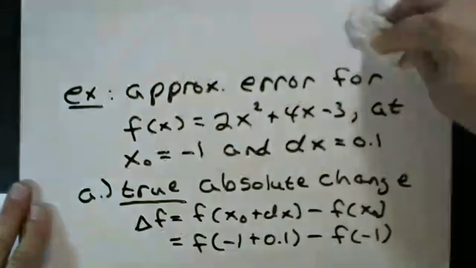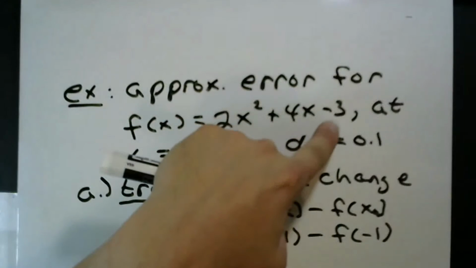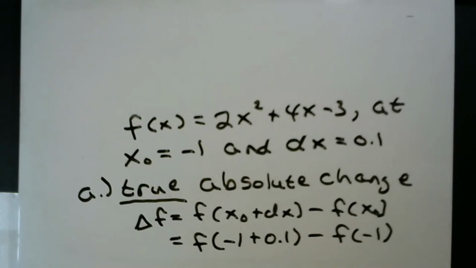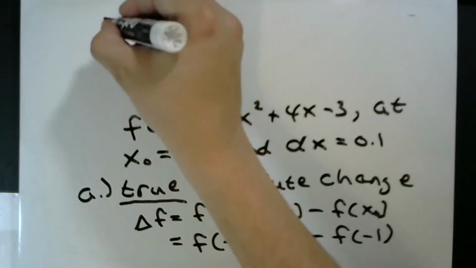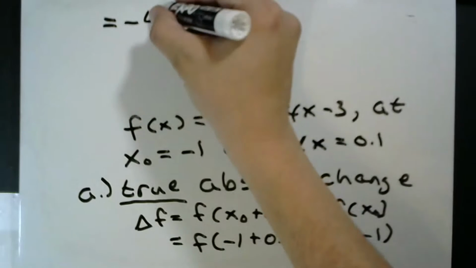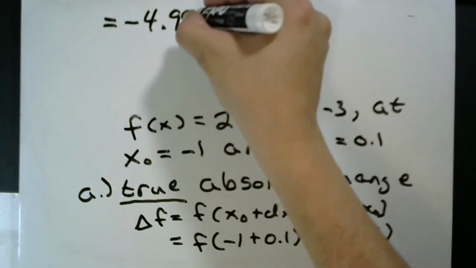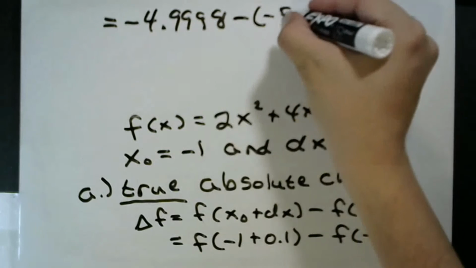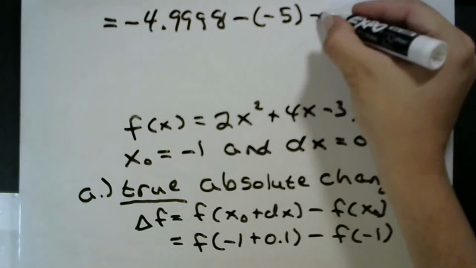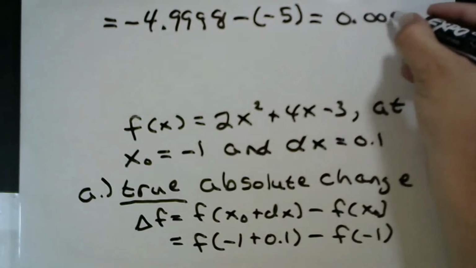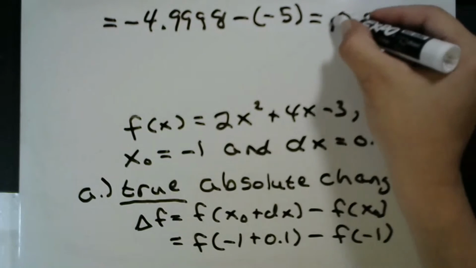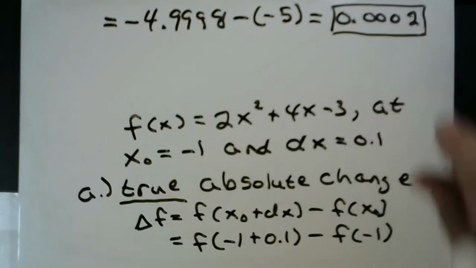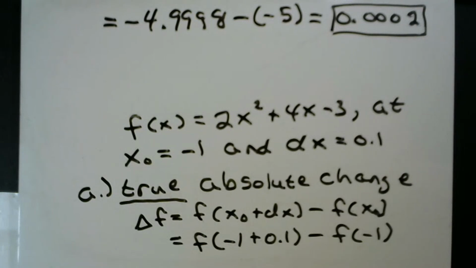And if we compute this, and again, this is our function, we'll get, and I'll skip the arithmetic, -4.998 minus -5, and this will be 0.0002. So that's the actual delta F, that's the true change.